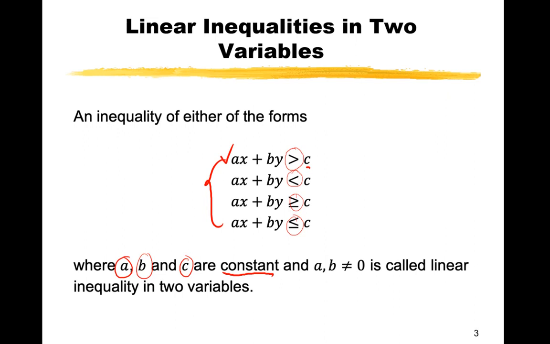And that similar dun sa ating linear equations, hindi pwedeng sabay na mag-zero si A at si B. Because if pares na nag-zero yan, yung term na yan, we are left with C.